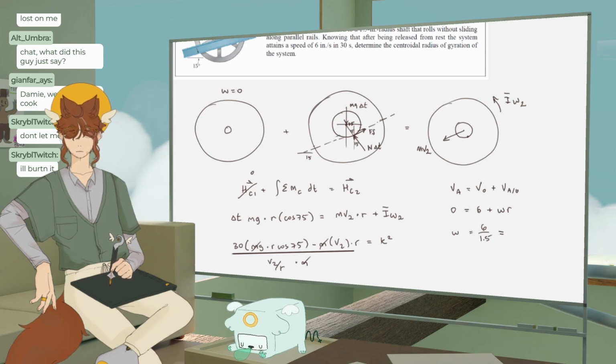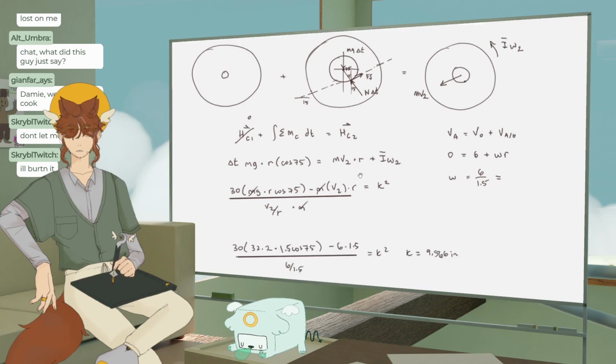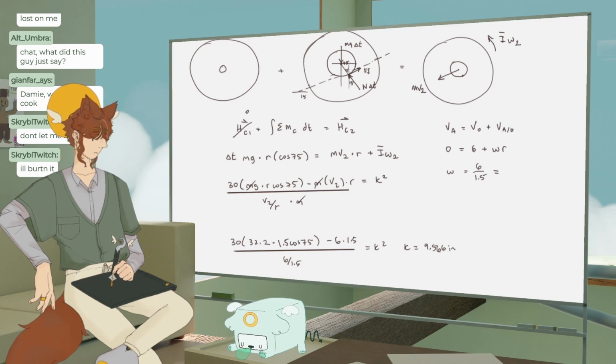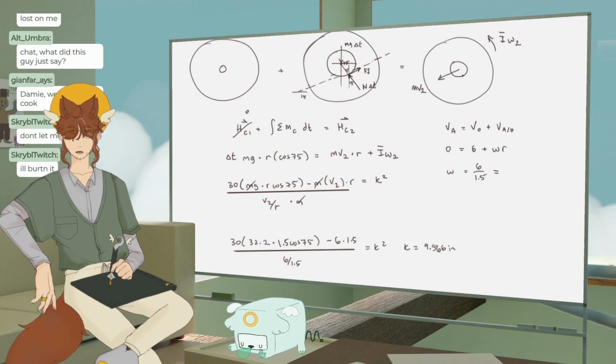M g R over k squared plus R, or sorry, M V R. It's so hard to read. Maybe my cosine of... They use sine of 15, which is the same as cosine of whatever, and then minus 1. Wait, 32 times 30, that over... wait, 6 divided by 1.5 is 4.